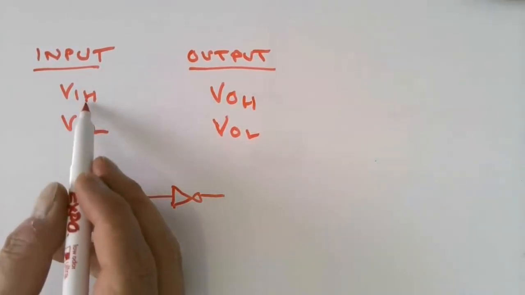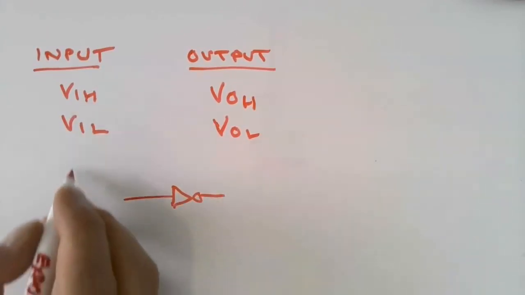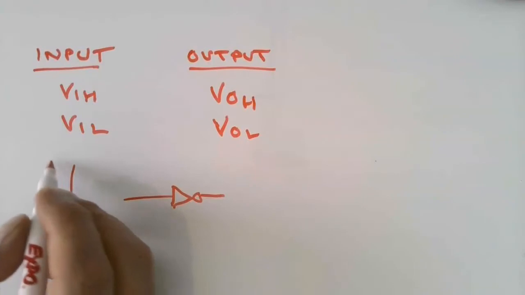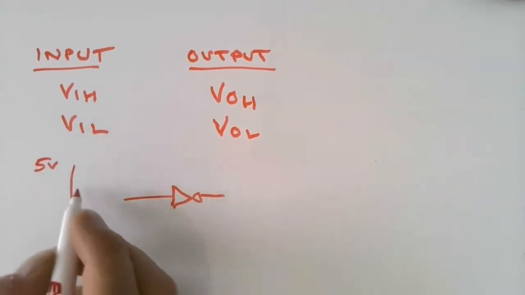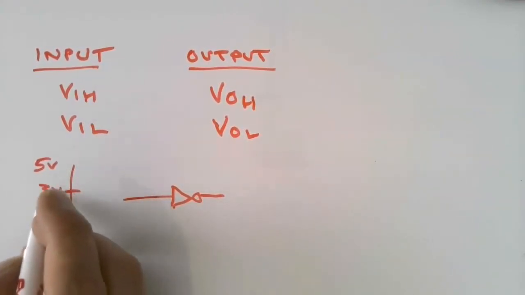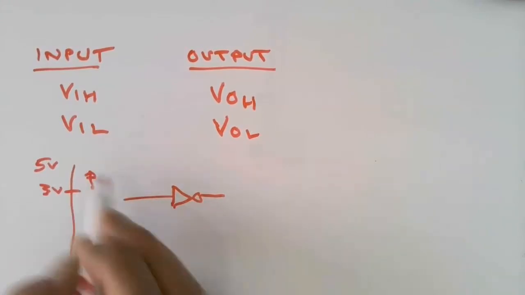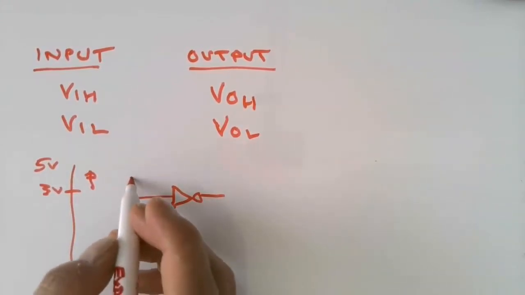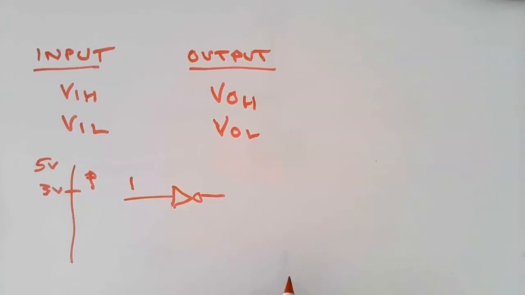That's the input high voltage, and that's typically a minimum voltage to trigger the device. So if that was 3 volts, that'd be the minimum voltage up to 5 volts that would be read as a high or a 1 as an input.